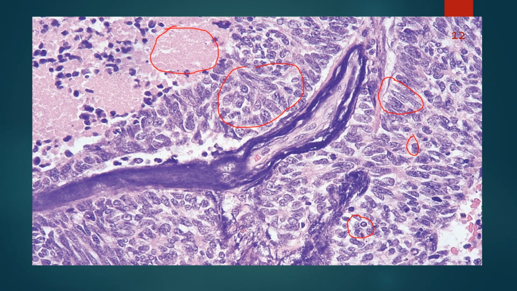Cytoplasm is not really appreciable in comparison to the previous tumors. So this is the small cell cancer we talked about. There may be areas of necrosis like this one, these high-grade nuclei, then there might be mitoses as well. So here's one particular example.